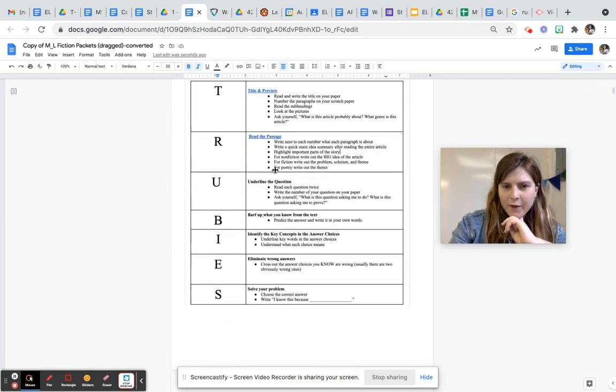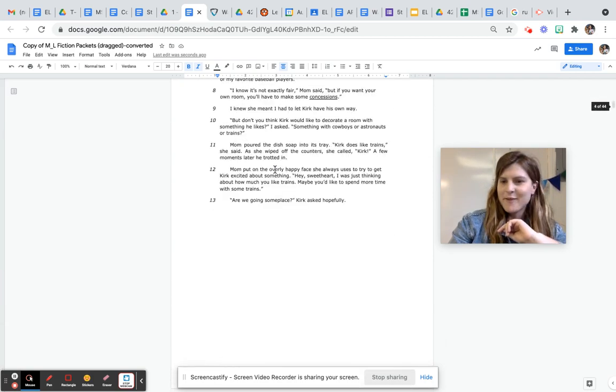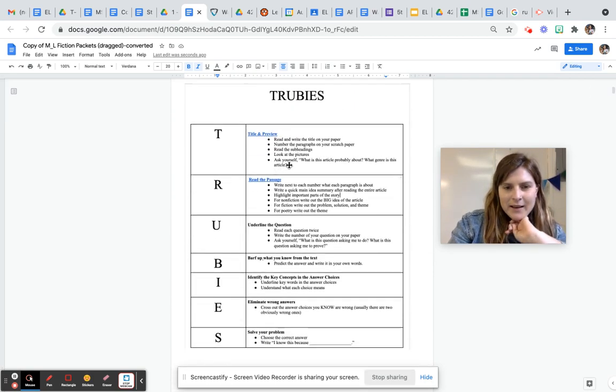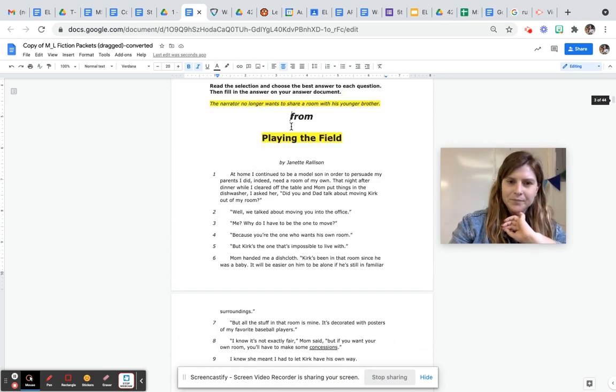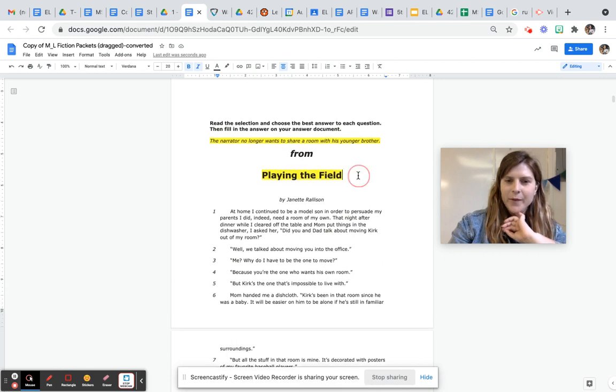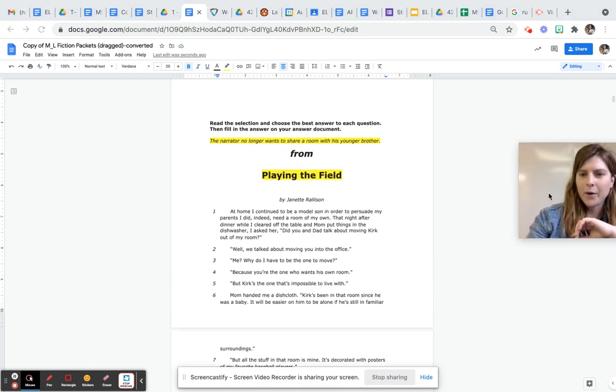Okay, look at the pictures. No pictures here. And so then we're going to ask ourselves, what is this article probably about? What genre is this article? Okay, so that's when, if I'm online, I'm going to create a comment. But if I'm in person, I'm basically just going to write this comment in that T box as well.